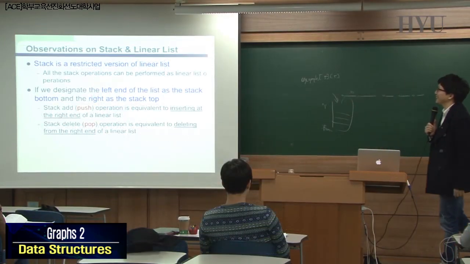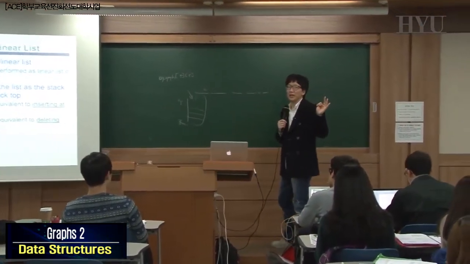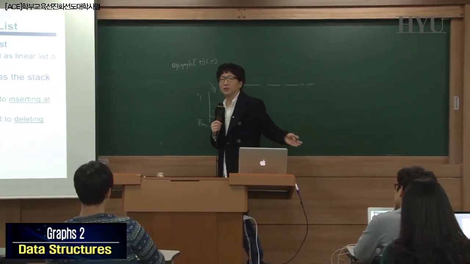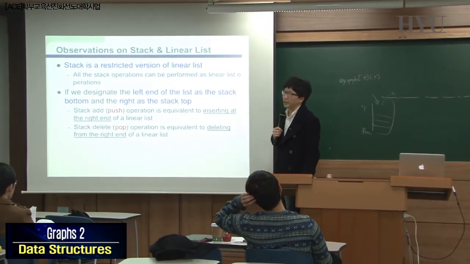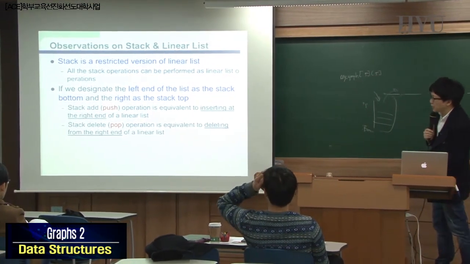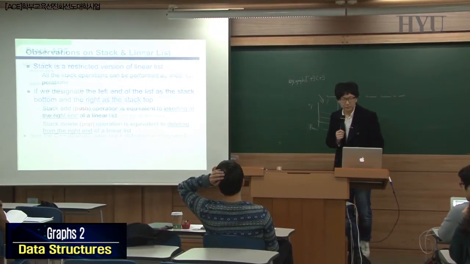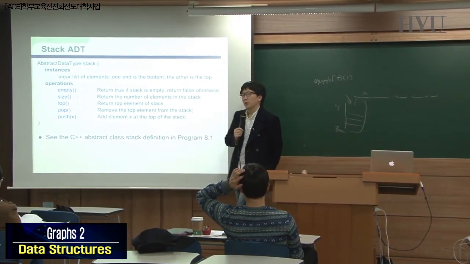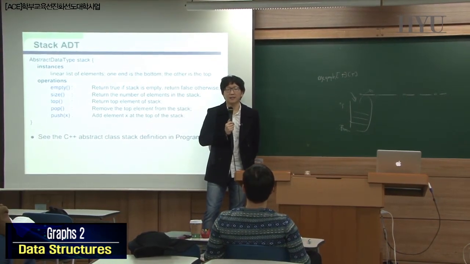Review first. Stack is a version of a linear list. So for stack and queue, they actually give you ways to manipulate the linear list in different ways: where to read the values, where not to, and how to manipulate the values within the linear list so that it can act like a stack or a queue. Stack, we know, is last in, first out, with push and pop operations. Stack ADT: empty, size, top, pop, push. Can I ask you how to write down this ADT?